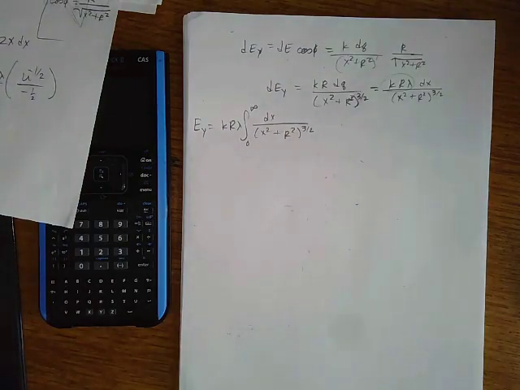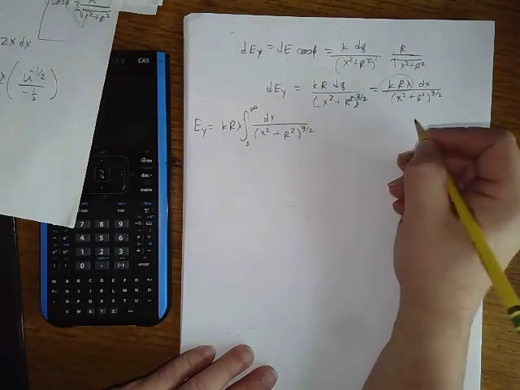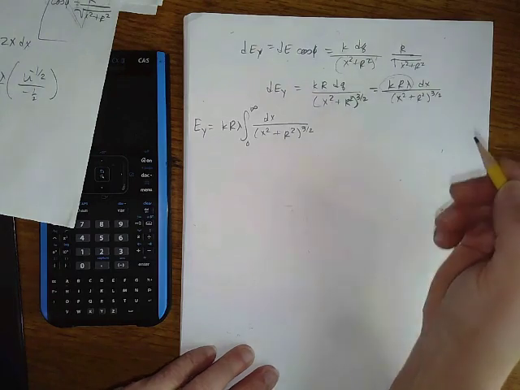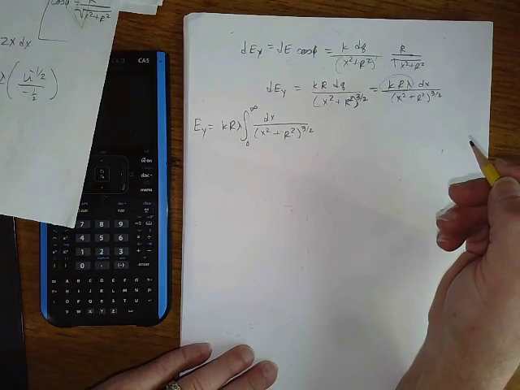Double check. Looks good, except the integral is not a fun one. If you remember back to all of those different kinds of variable substitutions, I'm not going to do all the details here, but we can use a secant. So we're going to choose our variable of integration, dx.